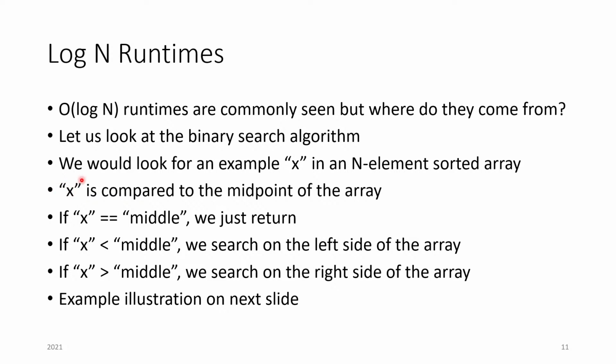The x element we are searching for is compared to the midpoint of the array. If it's the middle, meaning the same as the midpoint, we just return that. If it's less than the middle, we search the left-hand side of the array. And if it's more than the middle, we search the right side of the array. We keep on repeating this until we actually find this x value.